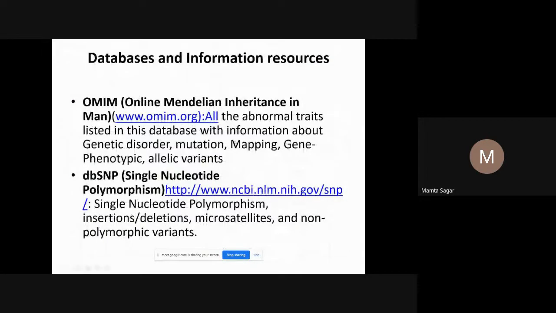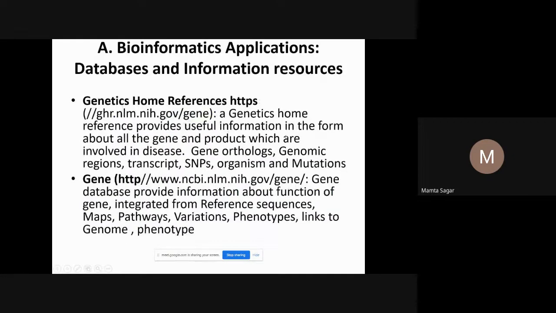So you will get a lot of information about this genetic information: gene ortholog, genomic regions, transcript, meaning in how many ways the same DNA can be transcribed, and SNP, single nucleotide polymorphism. There are different diseases associated with the SNPs.